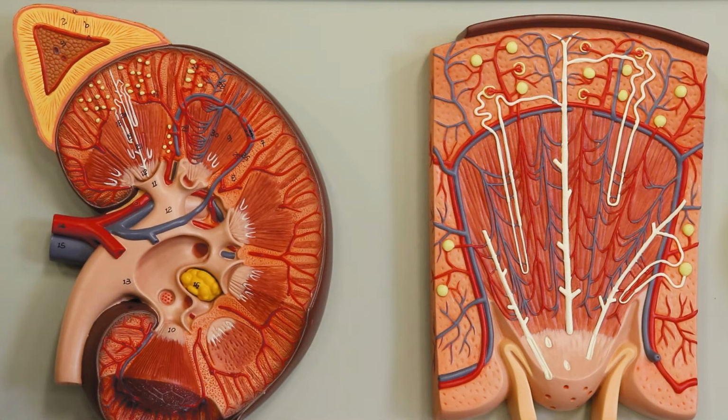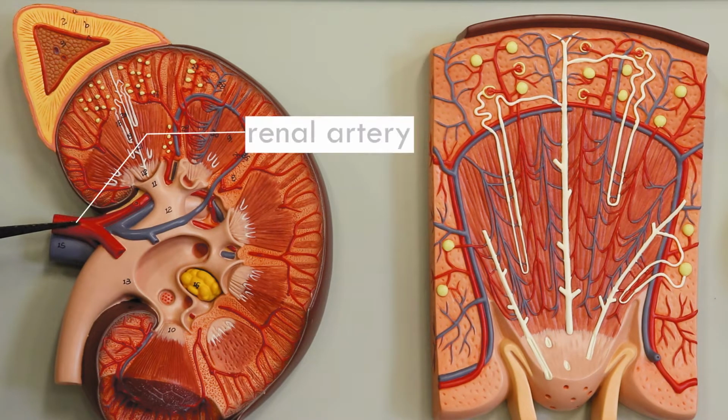So now we're going to talk about the circulation to the kidneys. The kidneys filter the blood, so we have to have a way to bring blood to the kidneys and to the filtering mechanisms of the kidneys and take blood away from the kidneys. So of course, we are going to enter into the kidneys through the renal artery.